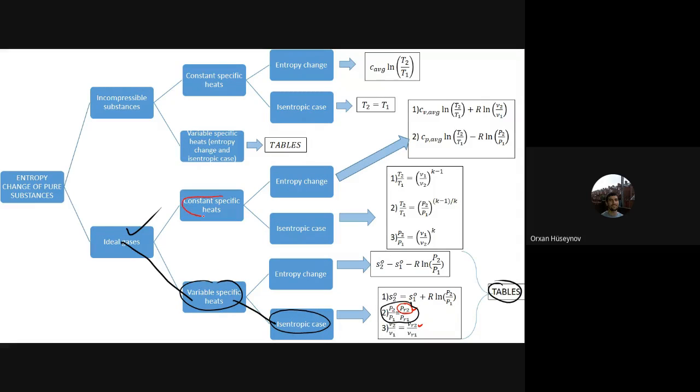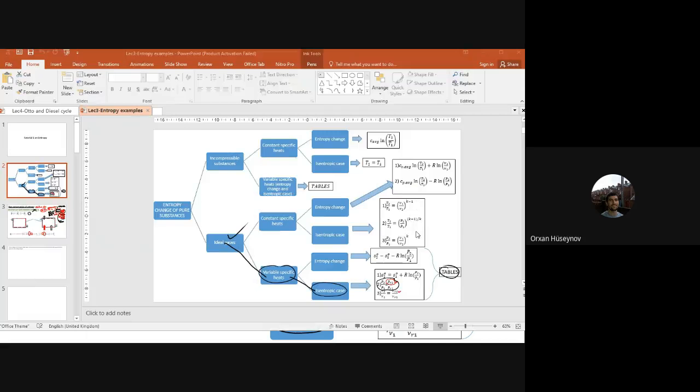Therefore we will use constant specific heats here. With the isentropic relations, you can find the temperature relations, the pressure relations, or the specific volume relations. I'll go back to my question here.